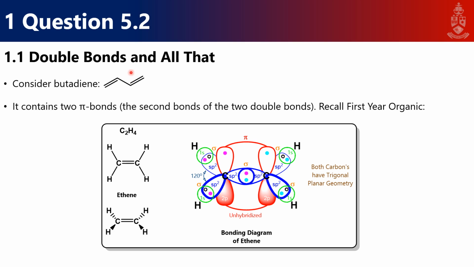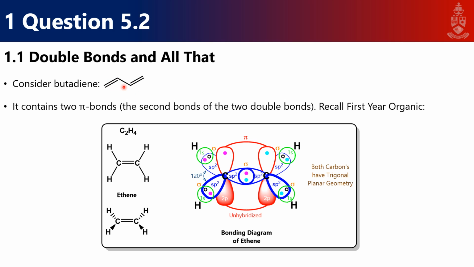In other words, on each of these carbons, there's a p orbital that can overlap to form the pi bonds that you see here. And these are what we're going to mix to get the pi molecular orbitals.